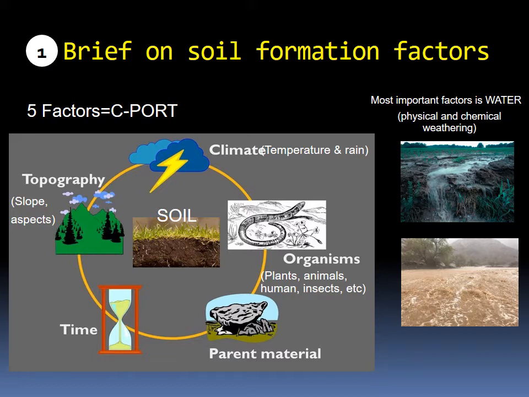And then you look at the organisms, which include the plants, the animals, insects, and ourselves, the humans. All of these organisms interact with each other. They are, for example, adding materials or decomposing materials or transporting the soil and moving it, or maybe weakening the soil or weakening the rocks. And therefore they contribute to the formation of the soil.